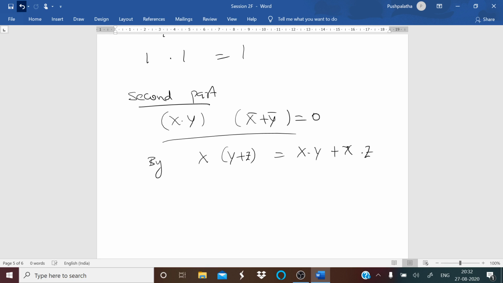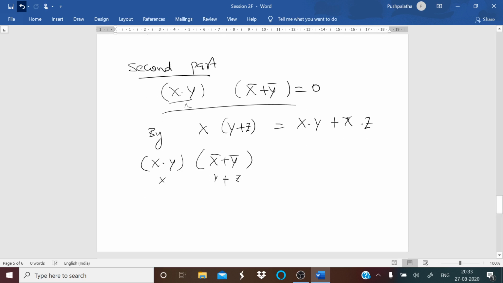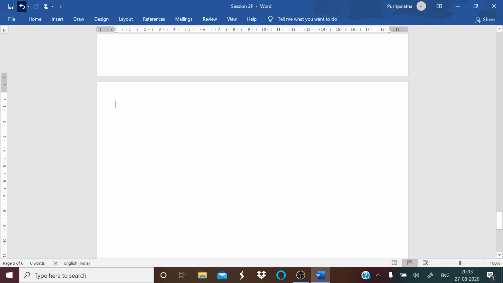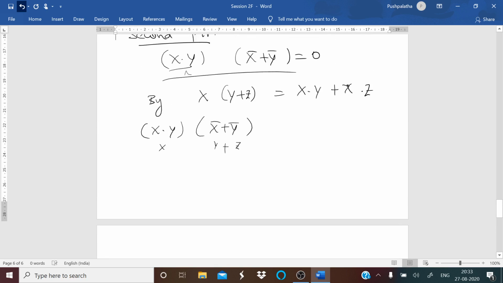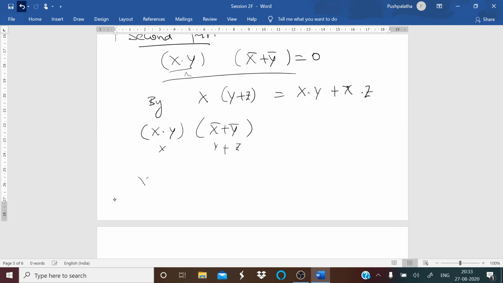So what is the value of this? It will be x into y into x bar plus y bar, right? So this will be x and this will be y plus z. So now how are we going to prove it, rearranging x into y? x into y is x into y, x bar plus x into y into y bar, right?